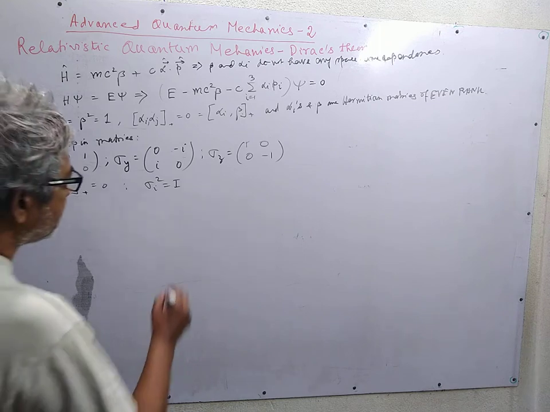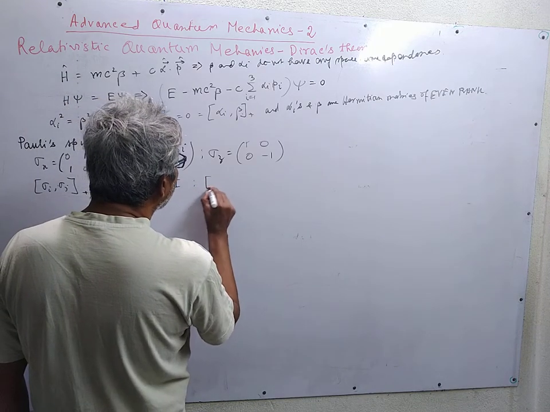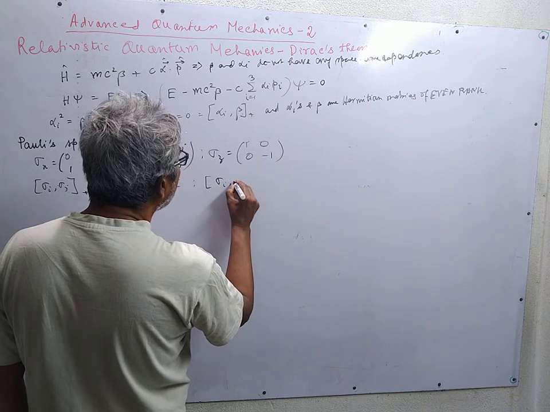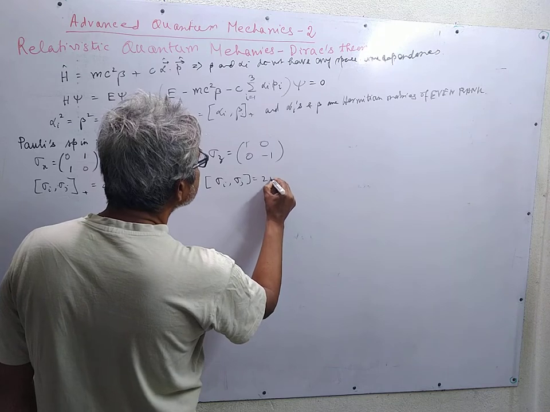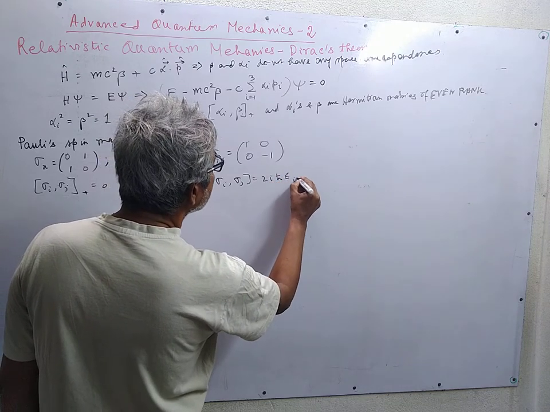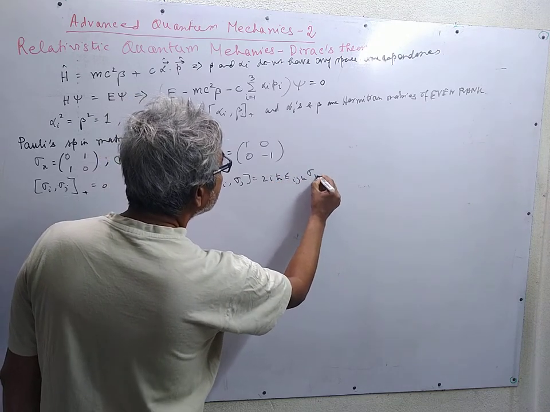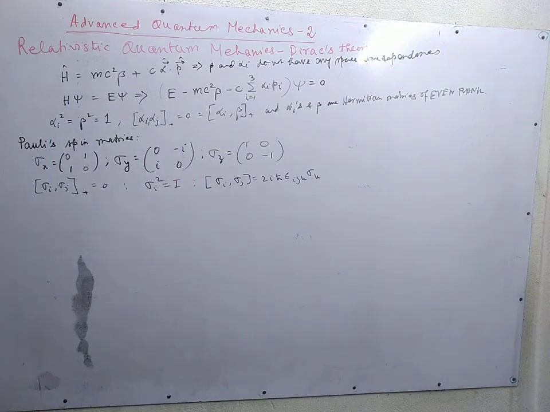One thing of interest to know is that the commutator of sigma i and sigma j is equal to twice i h cross epsilon i j k sigma k. Now we first check whether sigma i can be related to alpha i or not.